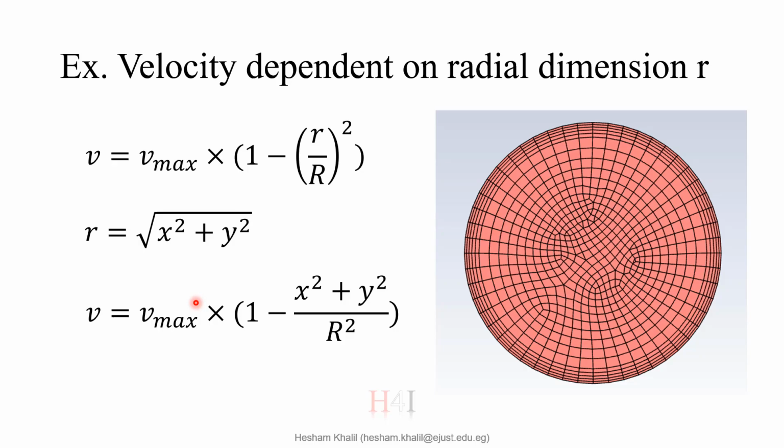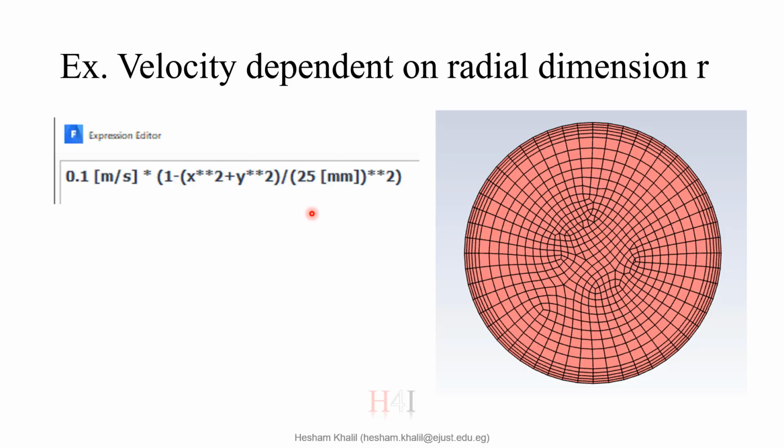Okay, we want to write the expression for this equation in the velocity inlet boundary condition. Okay, this is how I wrote it. 0.1 meter per second, this is V maximum. I have to define the unit. This is important. If you don't define the unit, it will give you an error. Then I opened the parentheses and wrote the rest of the equation as you can see here.